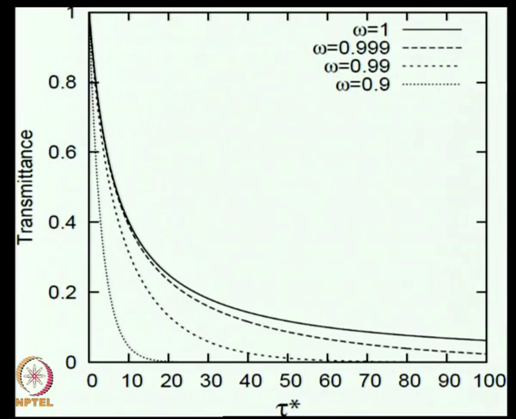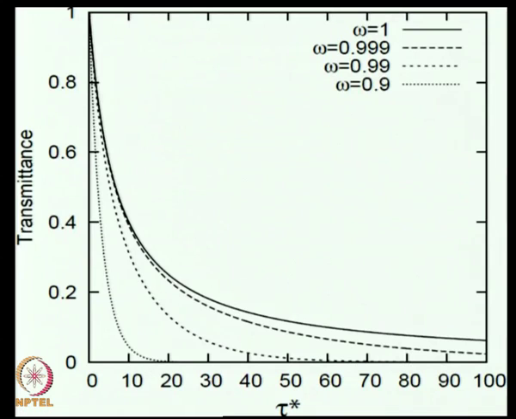Now, let us look at transmittance. You do expect it to go down as the optical depth of the cloud increases. But the way it goes down is sensitive to the single scattering albedo. When the single scattering albedo equals 1, it goes down in a certain way, but if it is 0.9, it falls much more sharply.